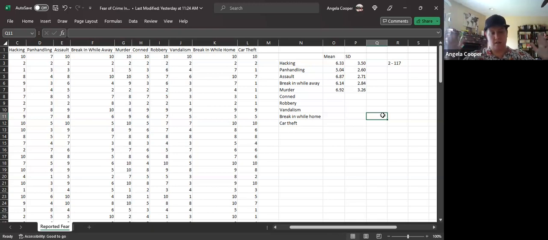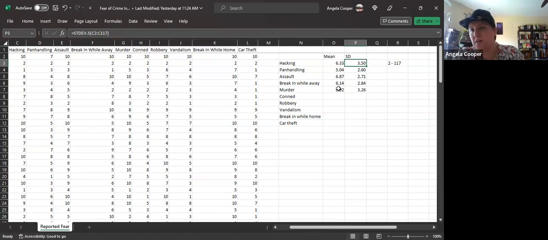And the larger that variability is, the more back and forth there is. There's probably going to be a lot more scores for panhandling, with that having the lowest standard deviation I have represented here. There's going to be a lot more scores for panhandling that are closer to that 5.04 region in comparison to hacking. There's 6.33 with the highest standard deviation here in comparison to all the others we have.